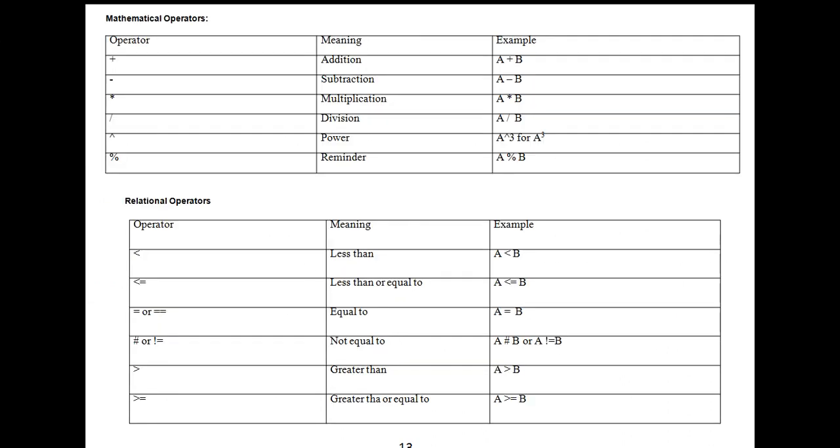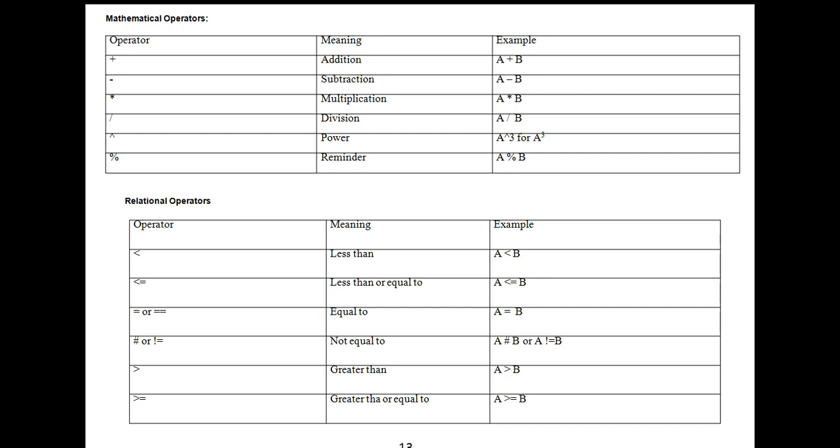We have certain mathematical operators and their meaning which are used in the flowcharts and algorithms. So the very first type of operator that we use is mathematical operators, and we also use relational operators. The mathematical operator plus symbol means addition. Example is a plus b.